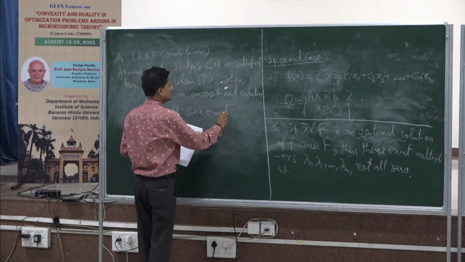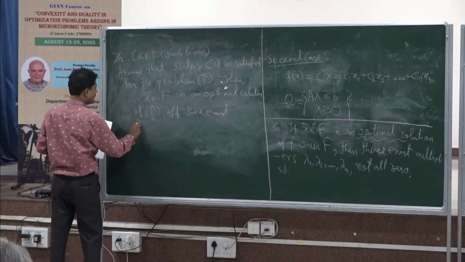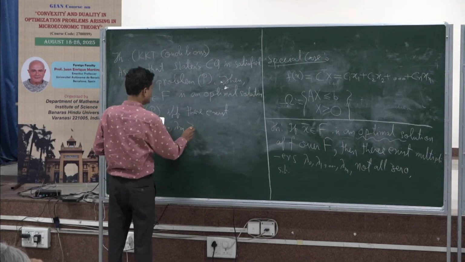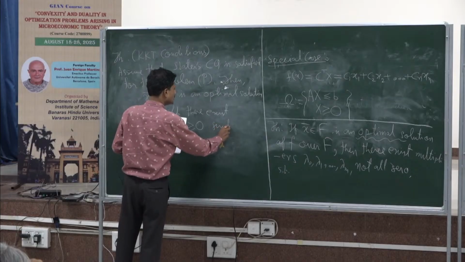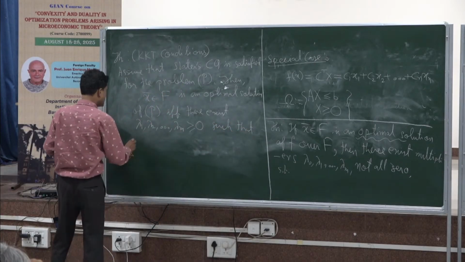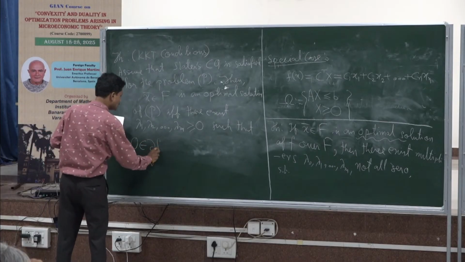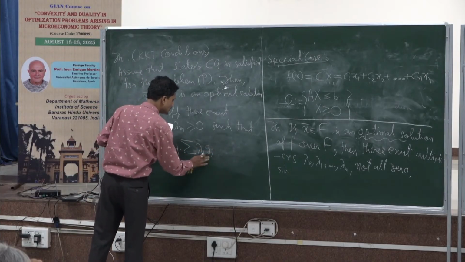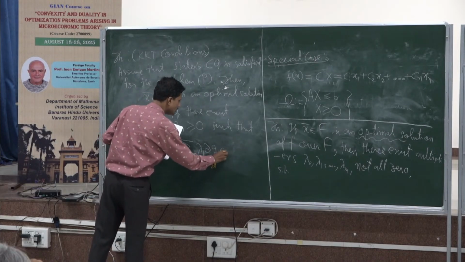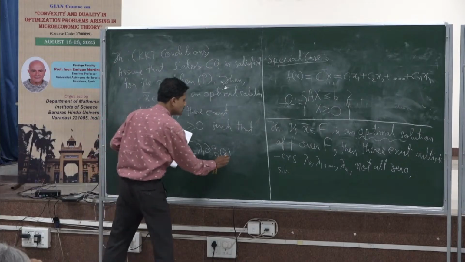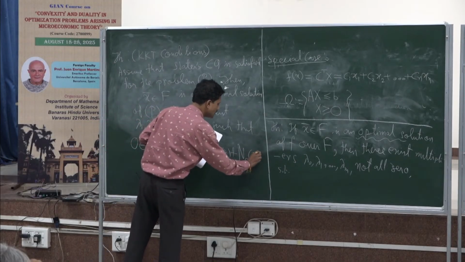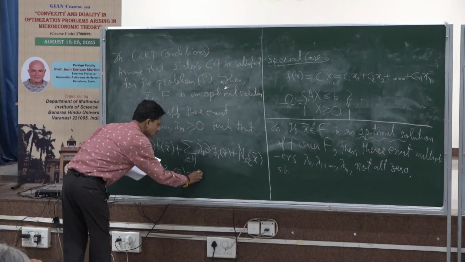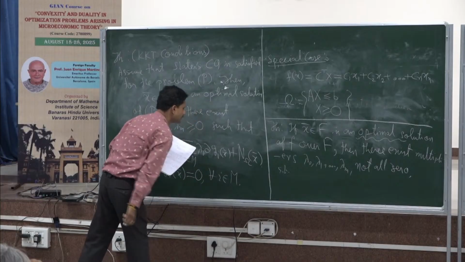there exist Lagrange multipliers lambda 1, lambda 2 up to lambda m greater than or equal to 0, such that 0 belongs to the subdifferential of f at x bar, plus the summation of lambda i times the subdifferential of gi at x bar, i in m, and the normal cone to omega at x bar, along with the complementarity condition lambda i gi of x bar equal to 0 for every i in m, right.